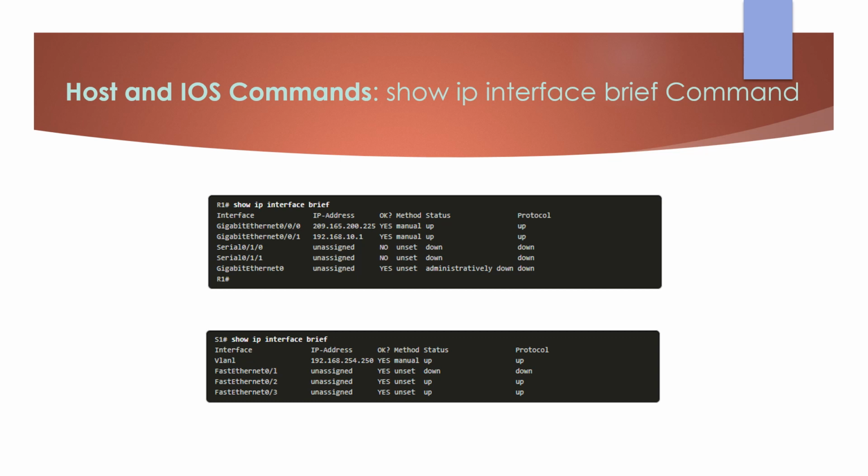This indicates that either no device is connected to the interface or the device that is connected has a network interface that is not operational. In contrast, the output shows that the FastEthernet 0/2 and 0/3 interfaces are operational. This is indicated by both the status and protocol being shown as up.